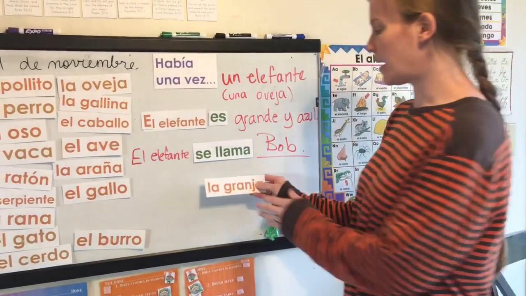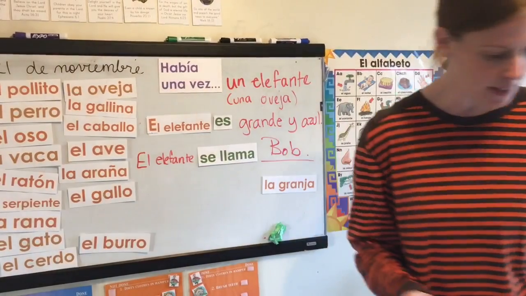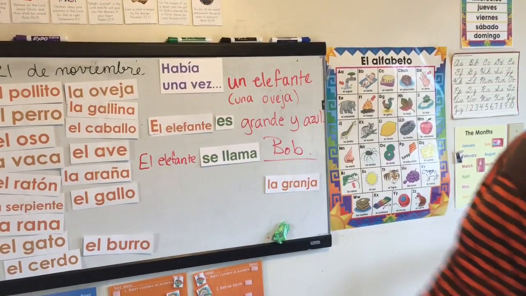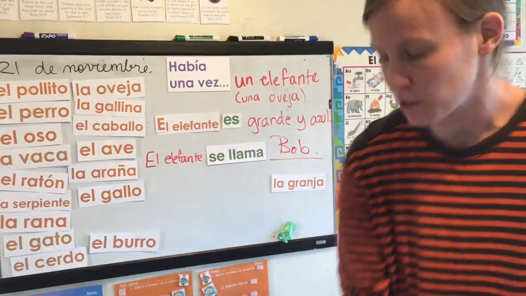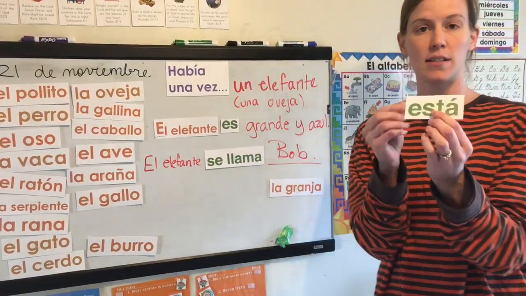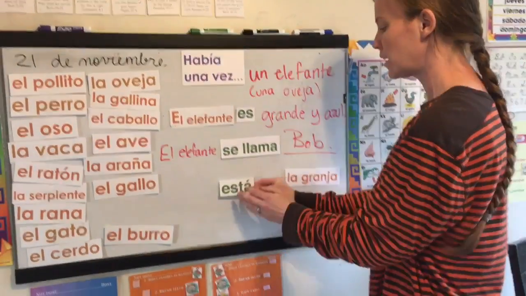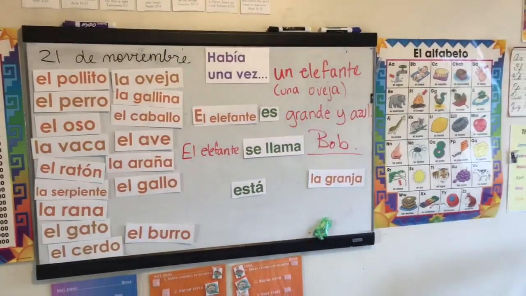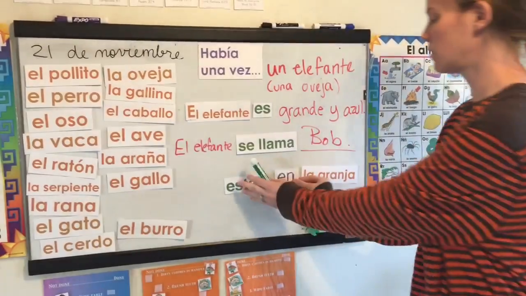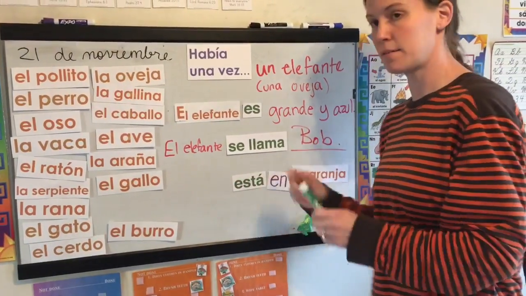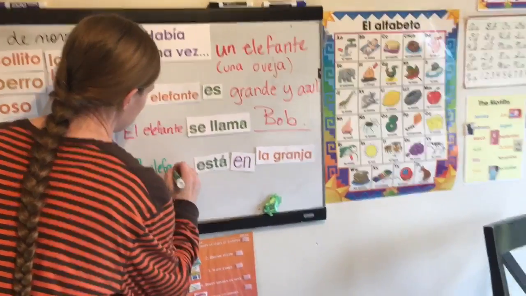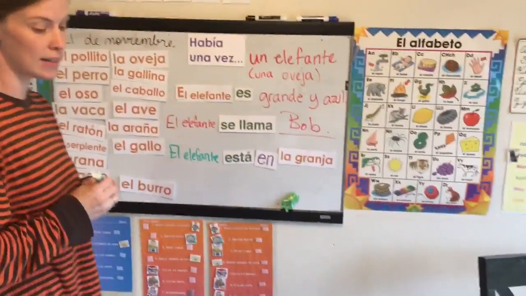So I'm going to say el elefante, and then I could use a word that I haven't used with you before. Está is like is, but where something is located. Está en la granja. El elefante está en la granja.